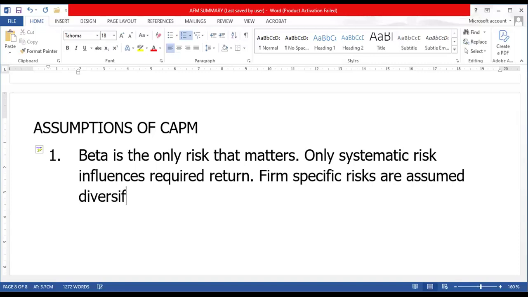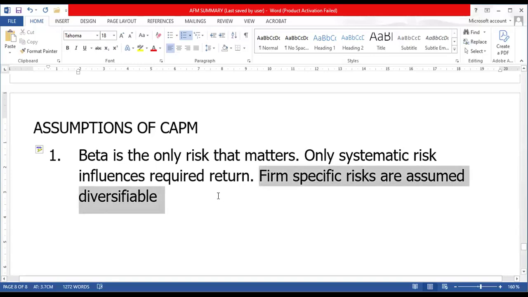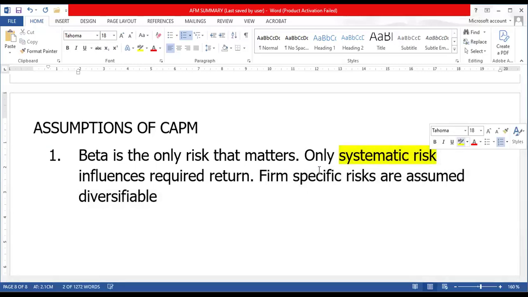That's the reason why this model does not consider the firm's specific risk. It only focuses on only what? On only the systematic risk.